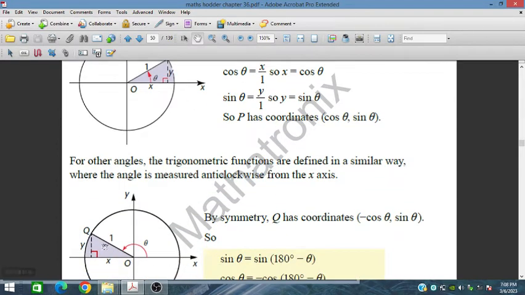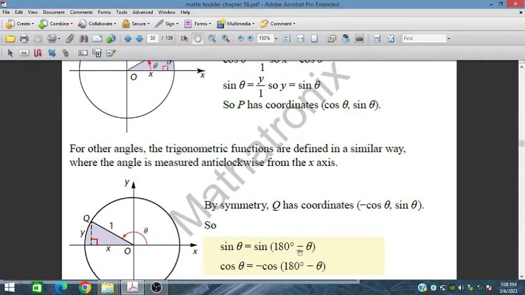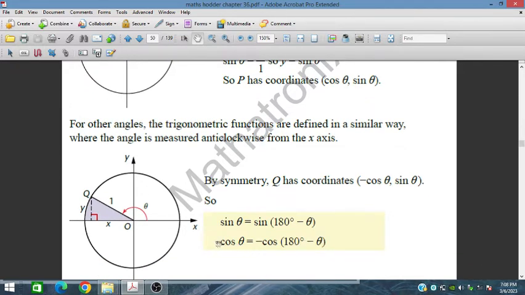If we flip this triangle here, and this angle is now theta, which is greater than 90 degrees, then sin of 180 degrees minus theta is always equal to sin theta, and cos of 180 degrees minus theta is always minus cos theta. So cos 180 degrees minus theta is equal to minus cos theta.